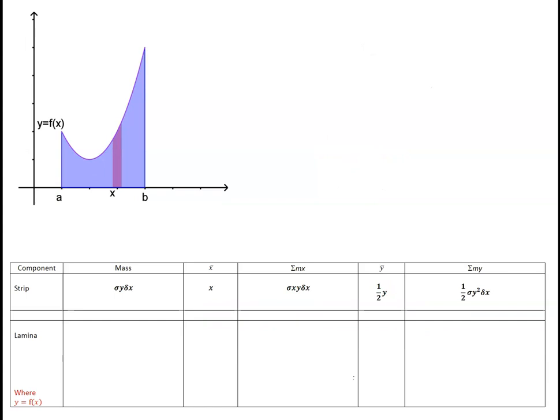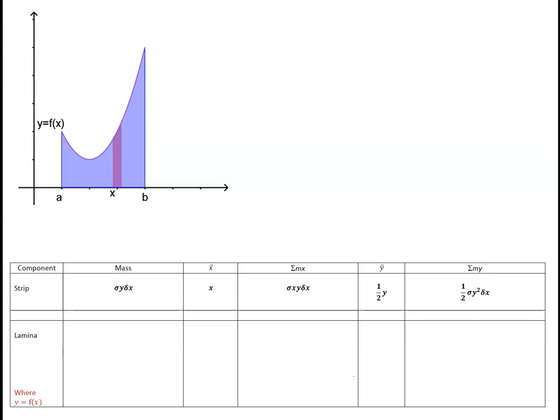So there we are, the strip has a mass of approximately sigma y delta x. It's got a centre of mass whose x coordinate is x and whose y coordinate is approximately a half y, and the sum of the mx's is approximately sigma x y delta x, and the sum of the my's is approximately a half sigma y squared delta x.